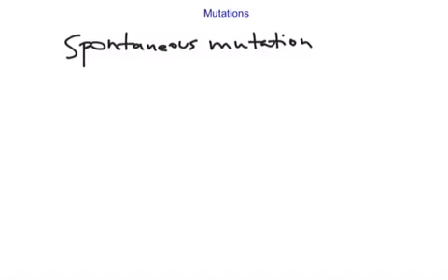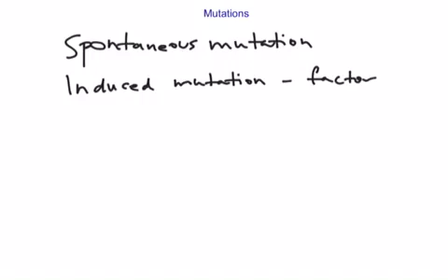The second kind of mutations are referred to as induced mutations, and to induce something means to cause it to happen. So this is where some factor causes some kind of genetic mistake, either in a particular gene or in a chromosome structure itself.